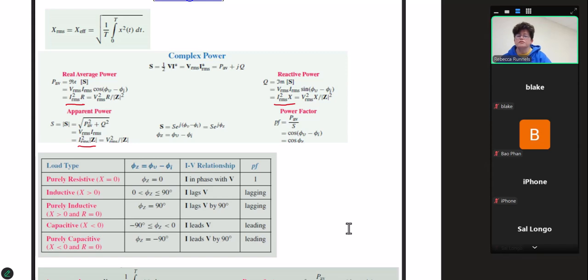Also, I am frequently asked, when do you use this 1/2 and when do you not? You don't use the 1/2 when you have the root mean square, and you do use the 1/2 when you have peak. So if they give you the peak or they don't tell you it's root mean square, then you do use the 1/2.